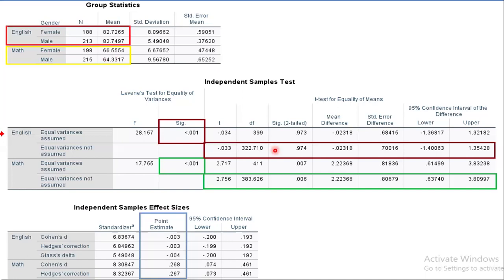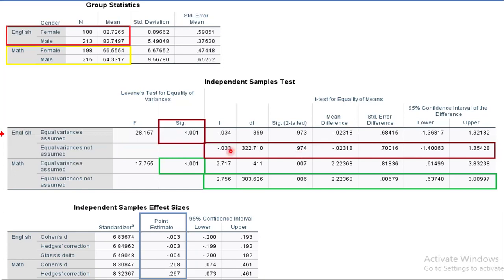These differences are significant only in mathematics, because you can see in case of English, the t value is less than 1.96, and the sig value is also greater than 0.05.